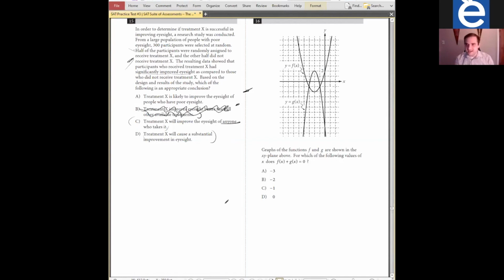And the group we studied was people with bad eyesight. So we can only apply it there. This one implies everyone, but both of those aren't specific to just that group of people that we actually sampled from. So our answer there is A.